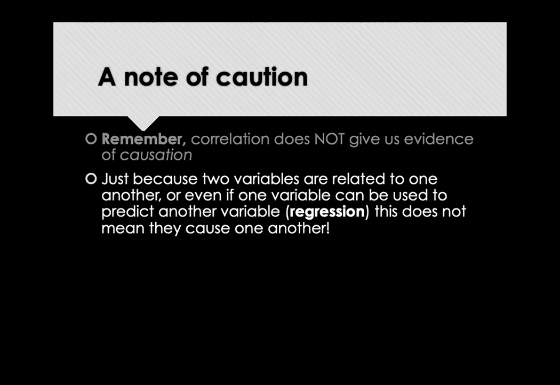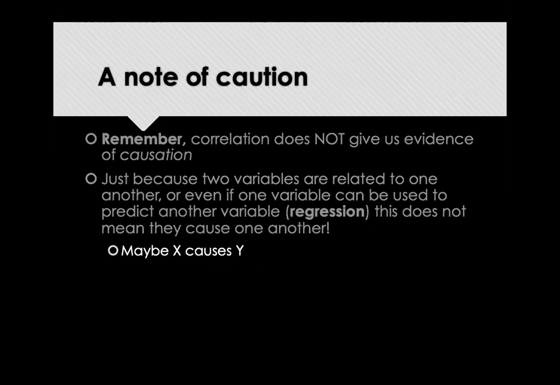This is super duper important. And just a preview, when you're using one variable to predict another variable, that's regression, and we're going to talk about that in the next lecture. But neither correlation nor regression means causation.